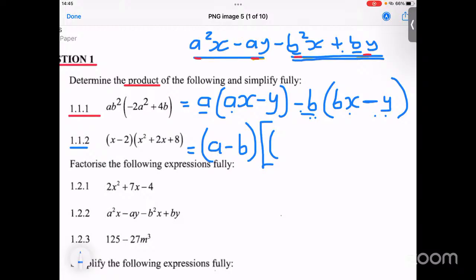I'll just need to be careful of what I do here, because this thing can be worked out in many different ways. So when you take out something, when you multiply this by that, it has to take you back there.